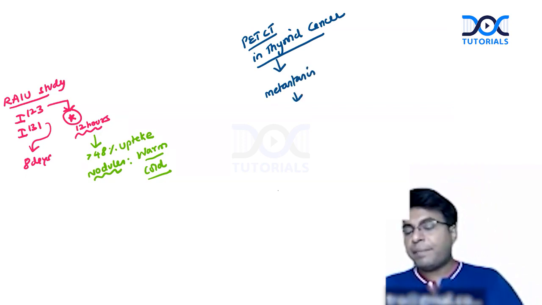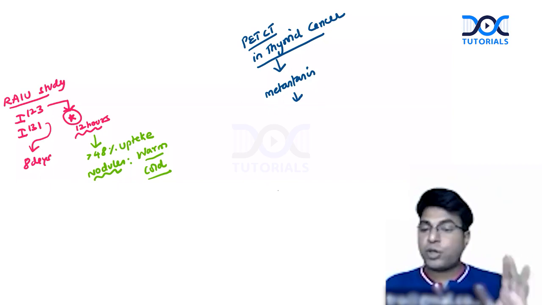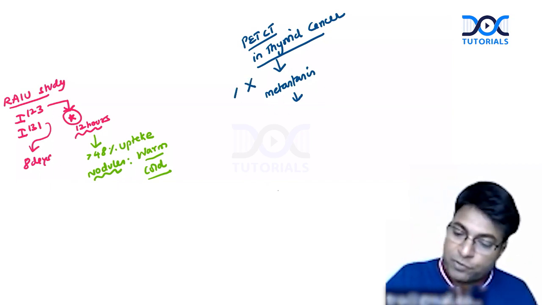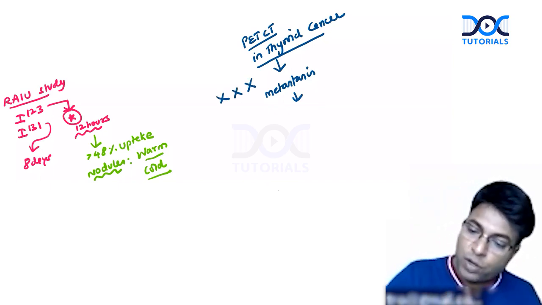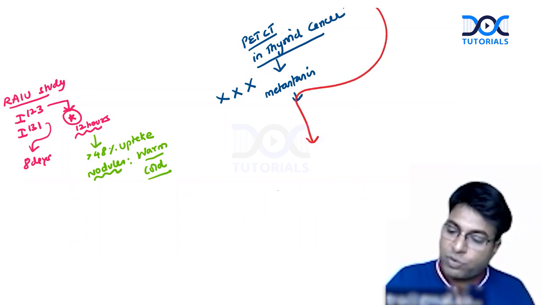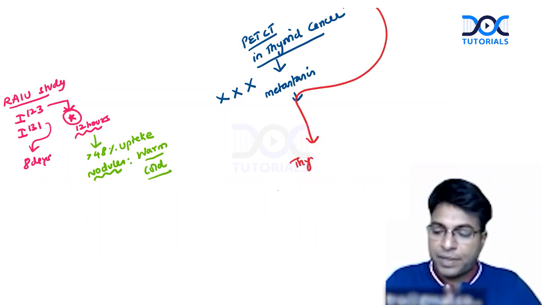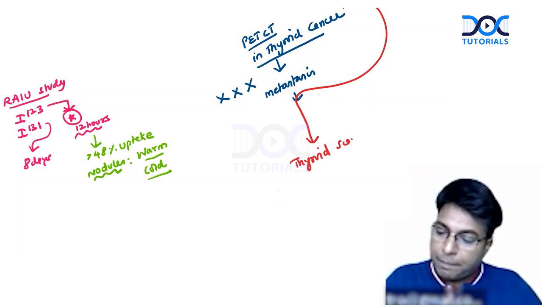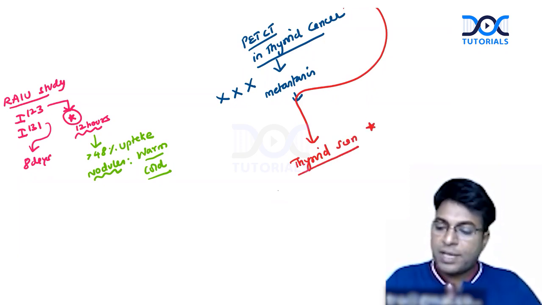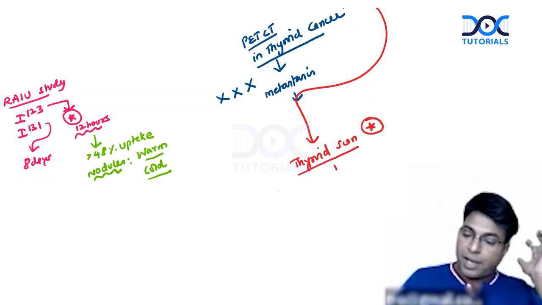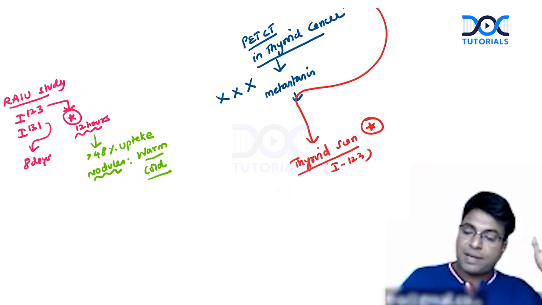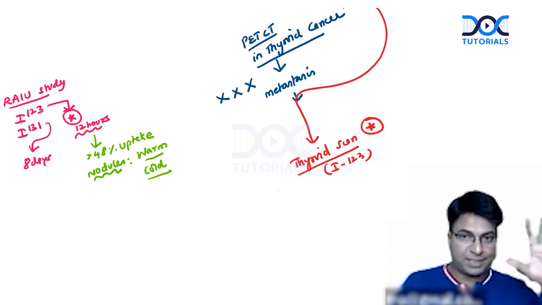PET scan is not the investigation of choice for mets. Investigation of choice for mets in thyroid cancer is what? It is thyroid scan, not PET scan. Please understand this point. Thyroid scan using iodine 123 is the investigation of choice for finding out mets.